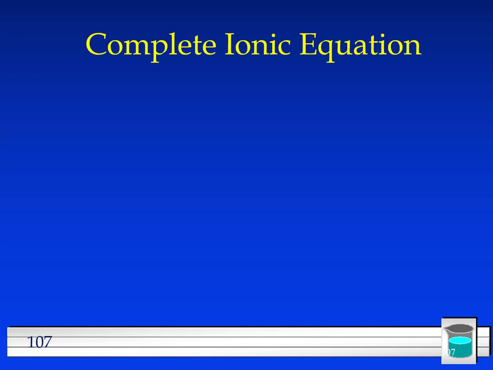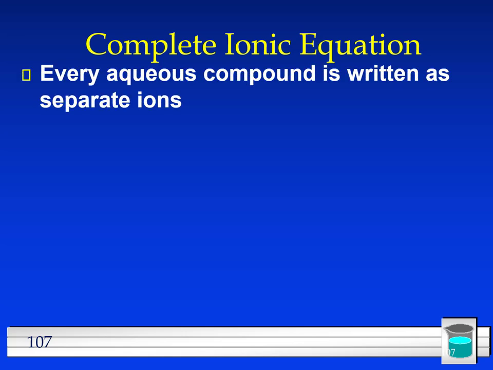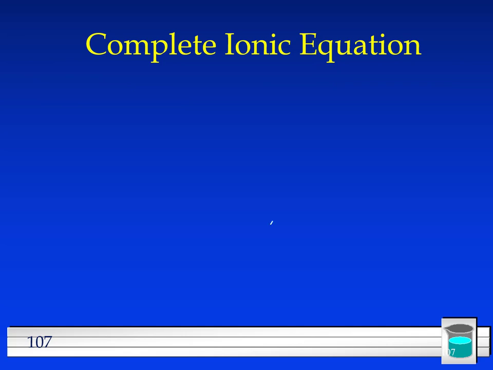Okay, so today we're going to talk about complete and net ionic equations, equations with ions. The reason why we have to do that is because what we said isn't really true, and I tried to prove that to you yesterday. Because we write H2SO4 aq, sulfuric acid.